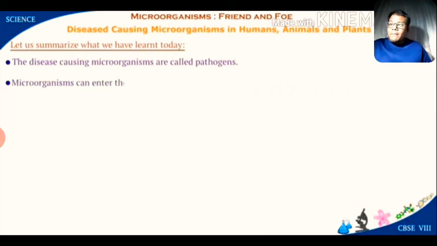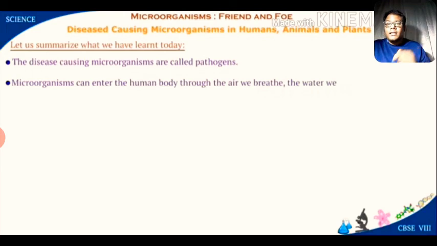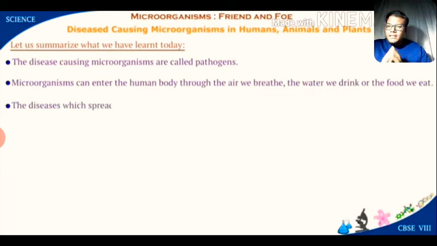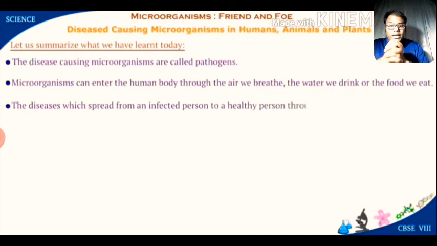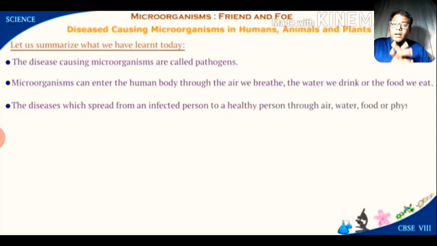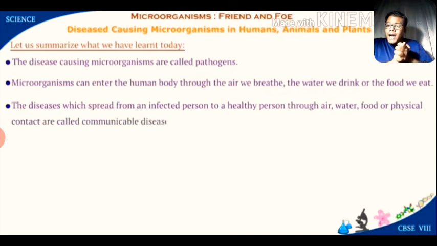Number 2, microorganisms can enter the human body through the air we breathe, the water we drink, and the food we eat. The diseases which spread from an infected person to a healthy person through air, water, food or physical contact are called communicable diseases.